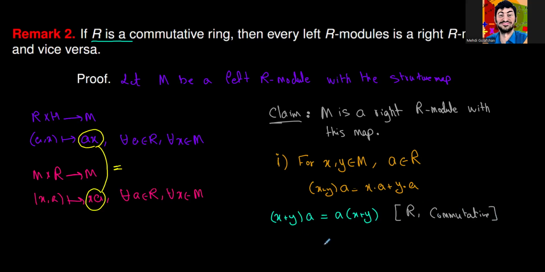Now we can write a times x plus a times y. Why? Because M is a left R module. Very good.